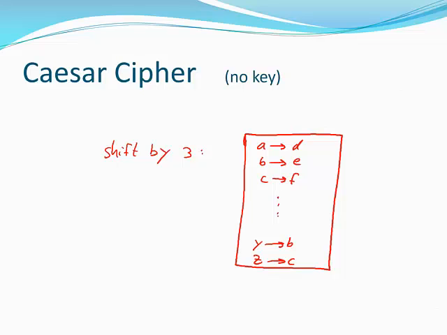The way this cipher works is that each letter in the message is replaced by another letter that is a fixed number of positions down the alphabet. For example, if we use the number 3 as that fixed number, then the letter A would be changed to D, B would become E, and so on for the entire message.